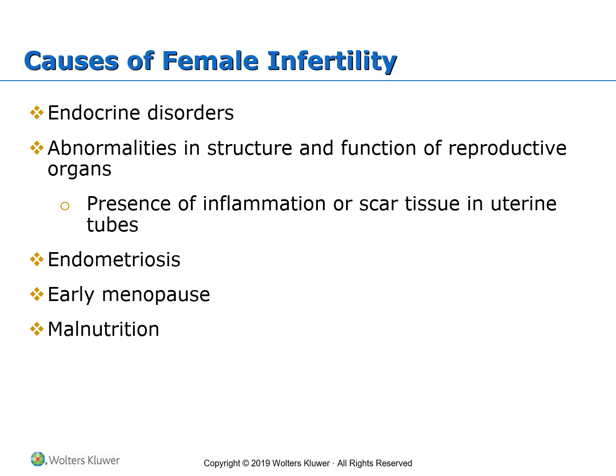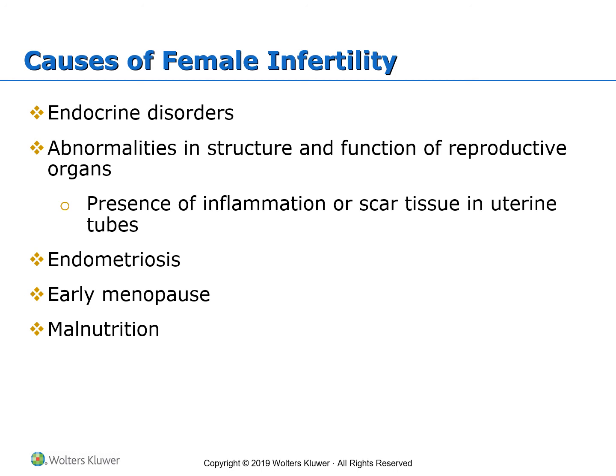Now, if we find out that the male is not the cause for the couple's infertility, we will look into other causes at the level of the female partner, and we will try to exclude infections, any kind of endocrine disorders, or abnormalities in the structure or the function of the reproductive system. We'll then look into solving and treating any types of STDs.